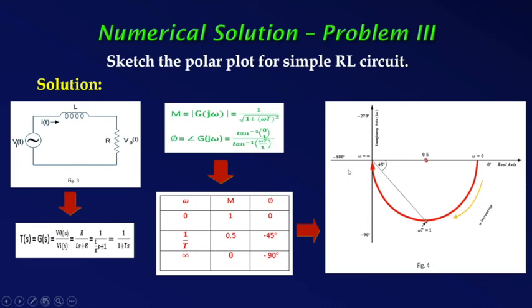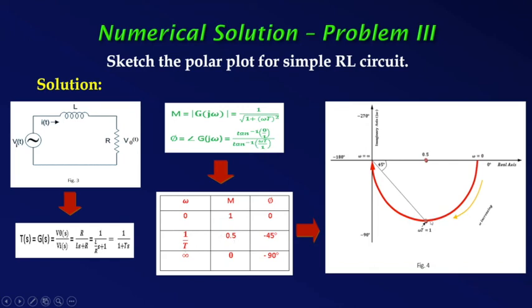Then draw the polar plot. The starting point is omega 0, where the magnitude is 1. So we consider this magnitude 1 from the origin, on the 0 degree axis. Then omega is increased and the magnitude decreases.